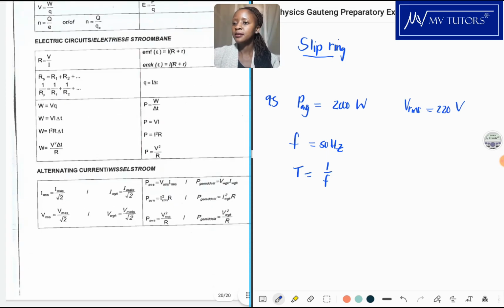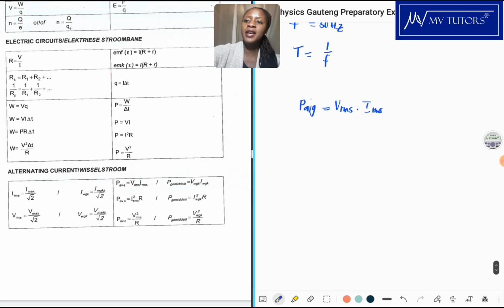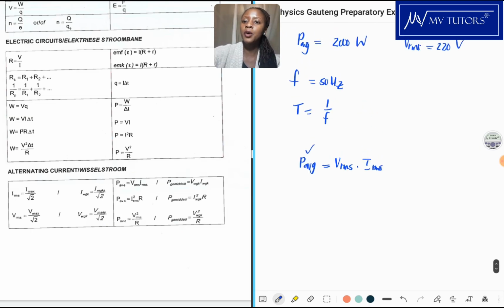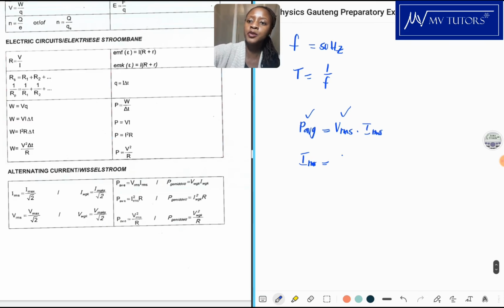So we have our formula here that says our average power is equal to root mean square voltage times root mean square current. So we have our average power, we have VRMS, we can get what IRMS is. This is going to be P over V.